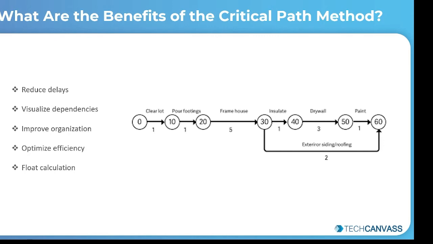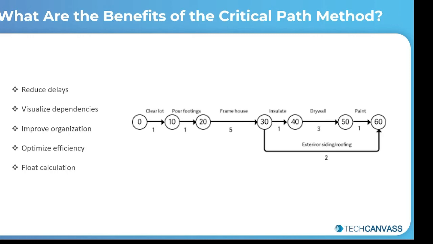The second benefit is it visualizes dependencies. The CPM depends on listing all tasks associated with the project and their dependencies. The chart thus created can help you visualize all dependencies and prioritize tasks accordingly.